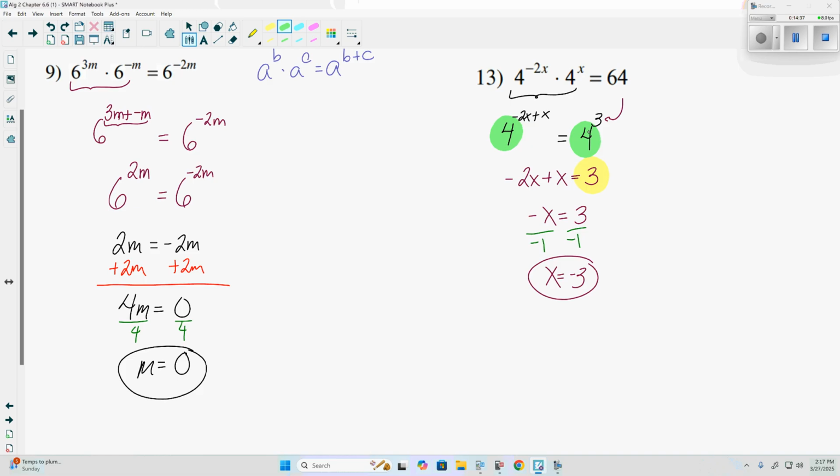We're saying 4 to a power. 4 to what power is going to make these equal? Well, the only way this works is if these two exponents are the same. So if those exponents are the same, they're going to be equal. Yep, so the 4 essentially for this here is disappearing.